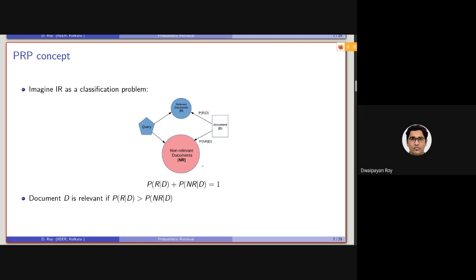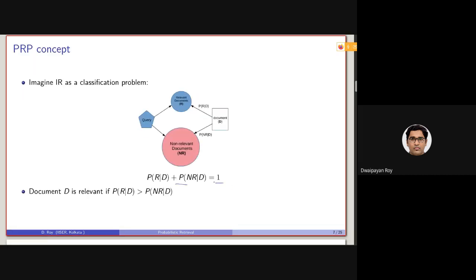So, considering the probability, this P(R|D) and P(NR|D) should sum up to 1, and a document should be specified as a relevant document if and only if this probability is greater than this probability.